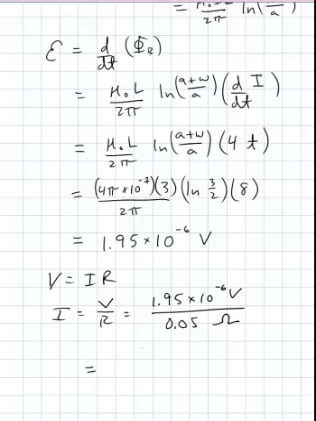And so I got a current of 3.89 times 10 to the minus 5 amps.